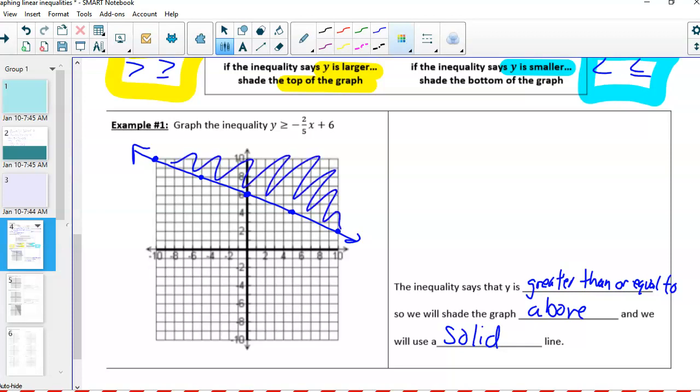But you're shading it above that line. So now when we talk about solutions, our solutions could be anything in this shaded area. What questions do we have right now?